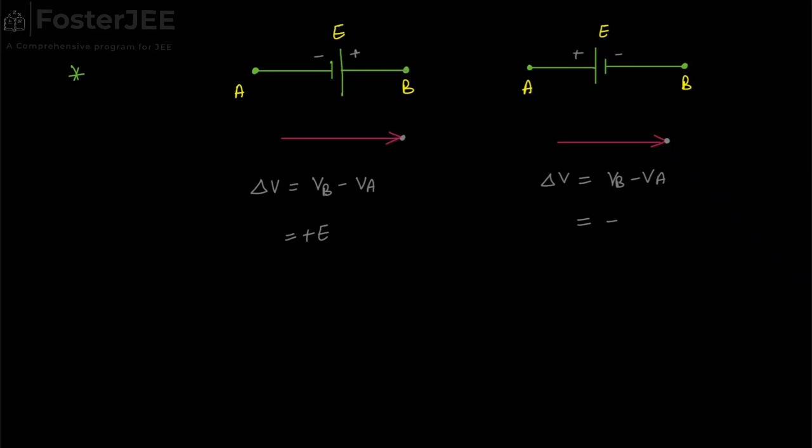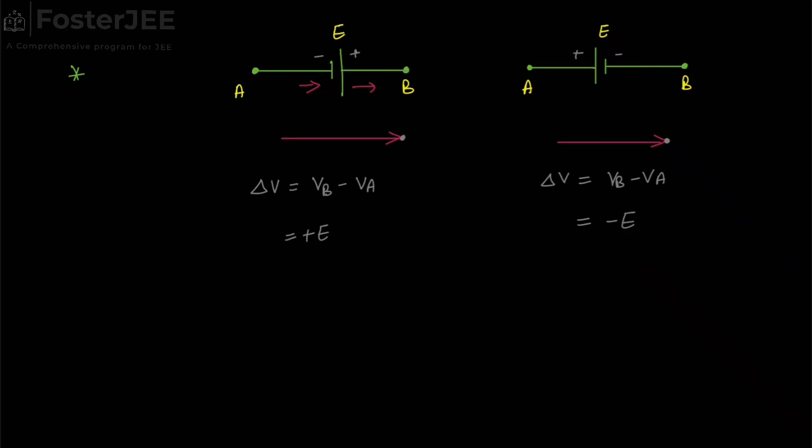So this becomes minus E. Hence, we can conclude that if we are moving in the direction of increasing potential, that is, A is at lower potential and we move from A to B, then the potential difference is positive, or potential is increased. Similarly, if we move from higher potential to lower potential, the potential will decrease, so the potential difference is negative.